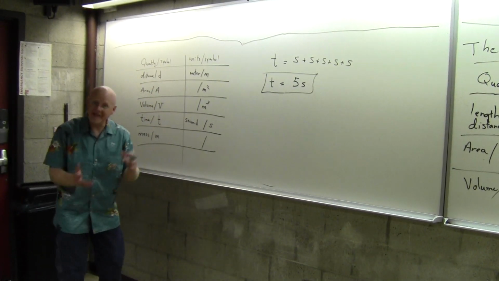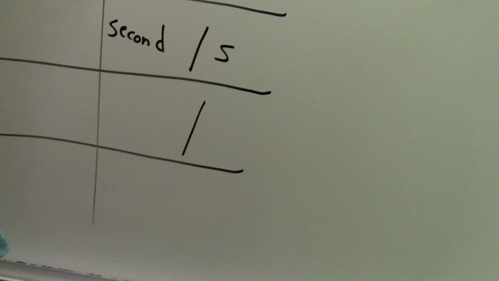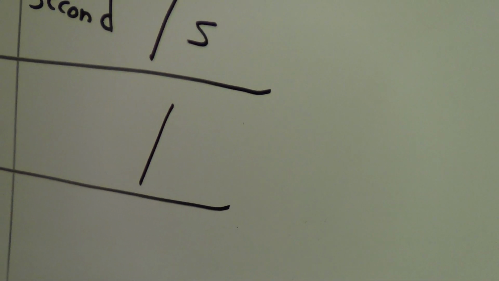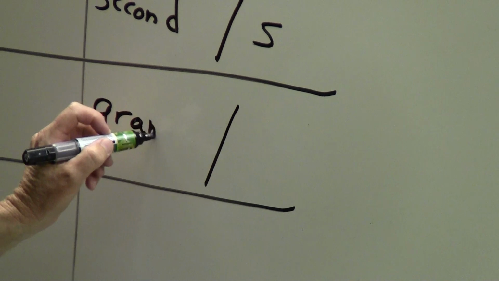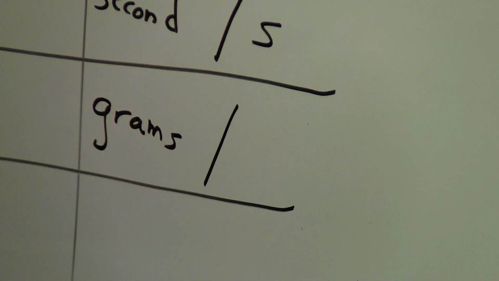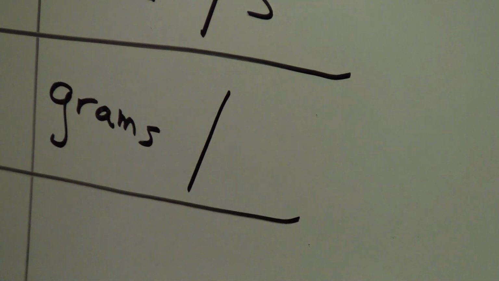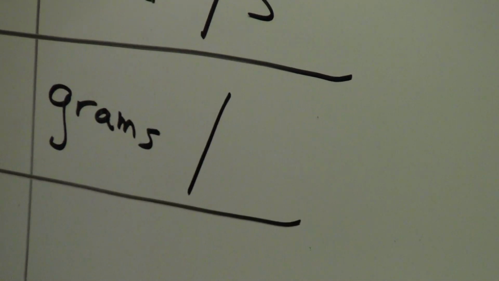What are the units in the metric system to measure mass? And usually in a face-to-face class, I hear people call out grams or kilograms. Grams is probably a better description, although grams is so small that I see why you're saying kilograms. More on the prefixes in just a second, but let me call it grams.